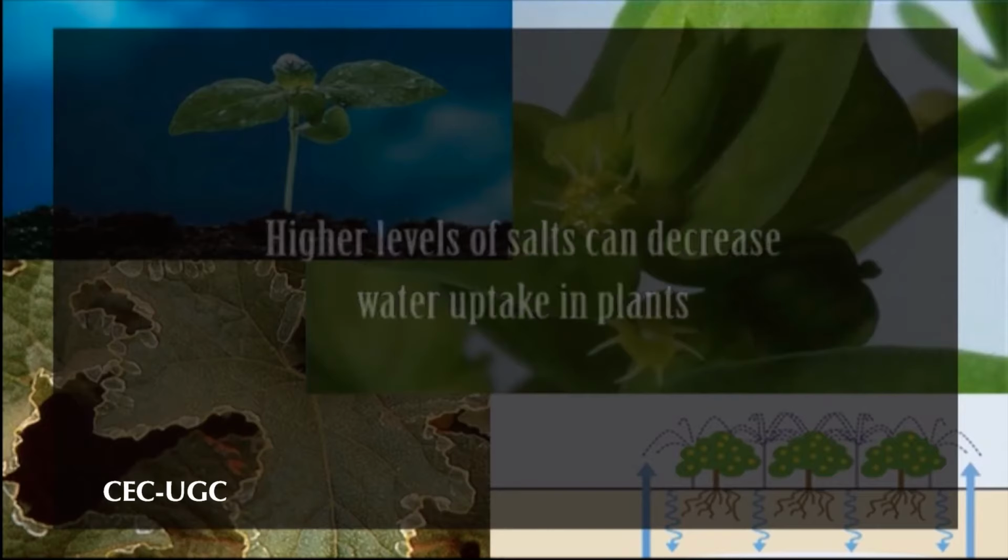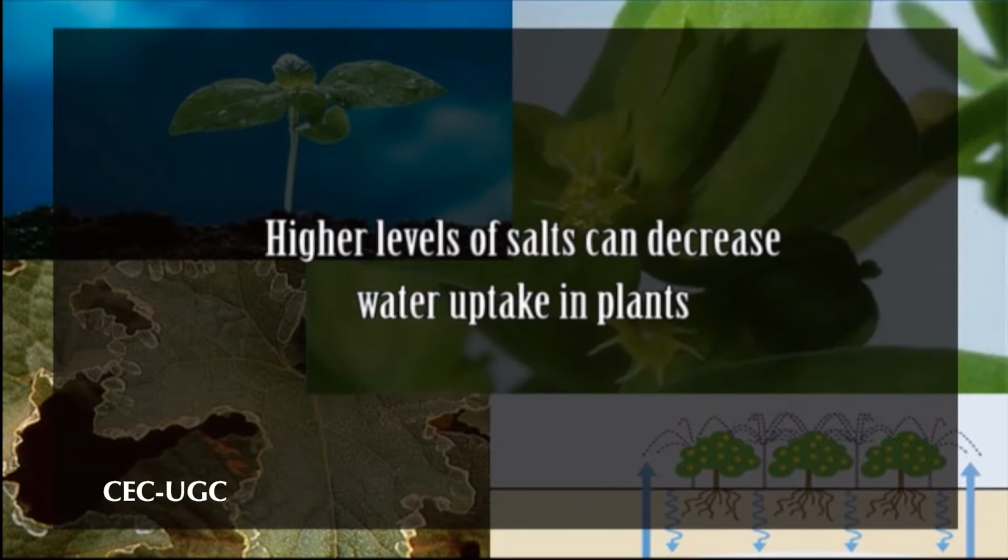Water availability is one of the main environmental factors limiting photosynthesis and growth. Water concentrations of leaves and shoots increase significantly in plants grown at optimal levels of salinity than in plants grown at lower or higher salinities. Higher levels of salt can produce decreased water uptake in plants.